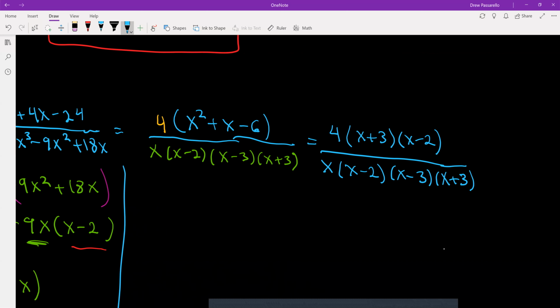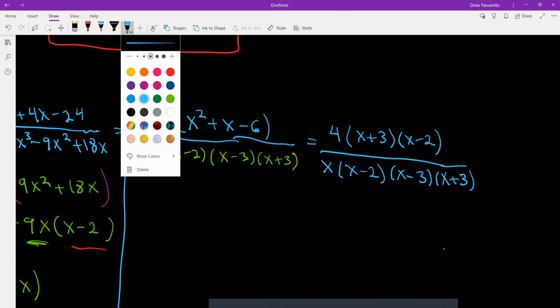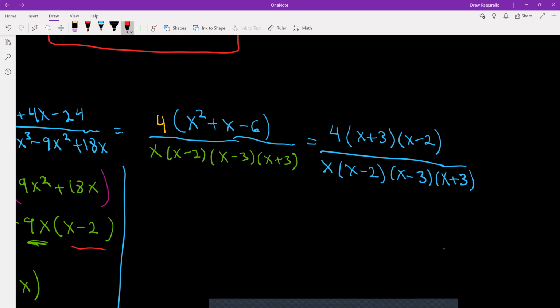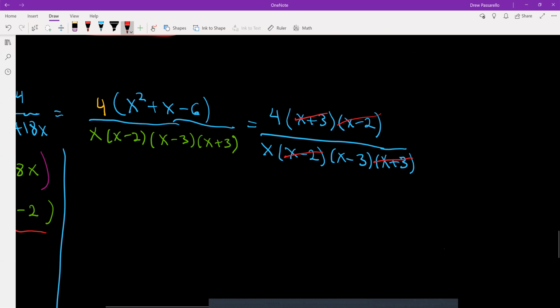All right, so notice I have some common factors I can divide out. So the x minus 2's, I can divide those out, and I can divide out the x plus 3's. Generally, and this is just a comment, we would expect a hole in the graph at 2 and negative 3. So that's just a comment.